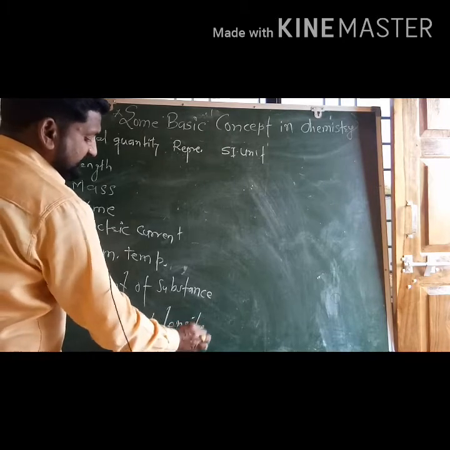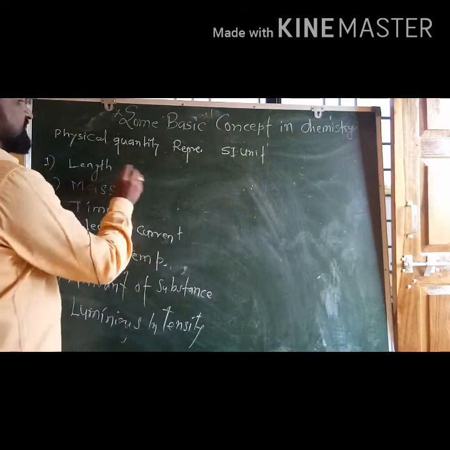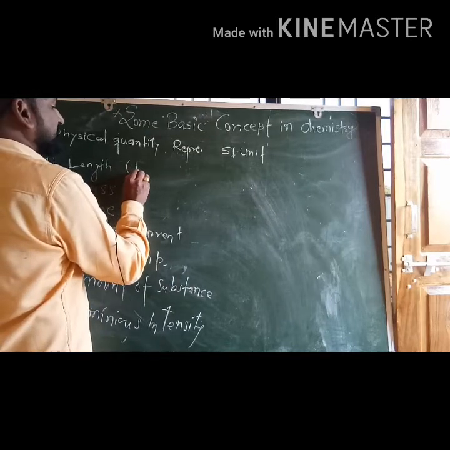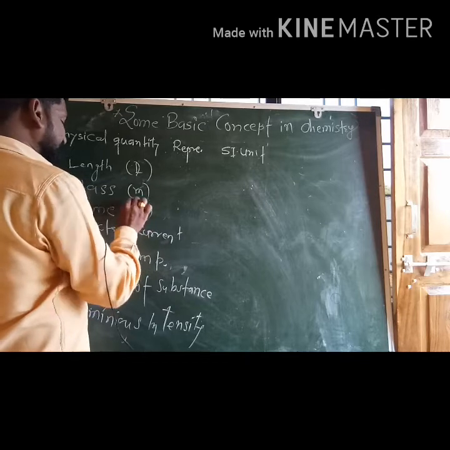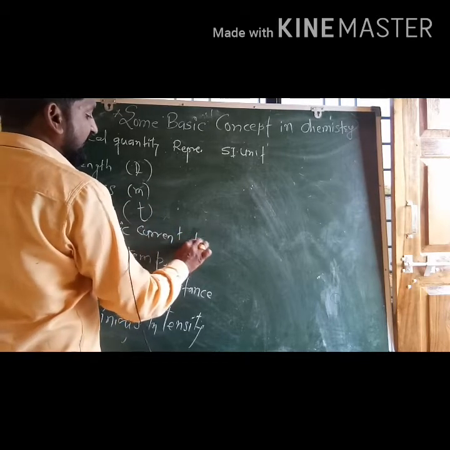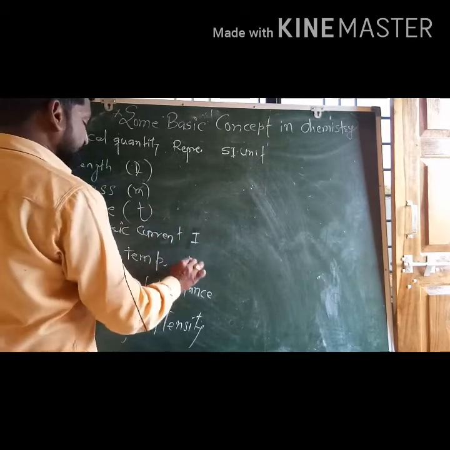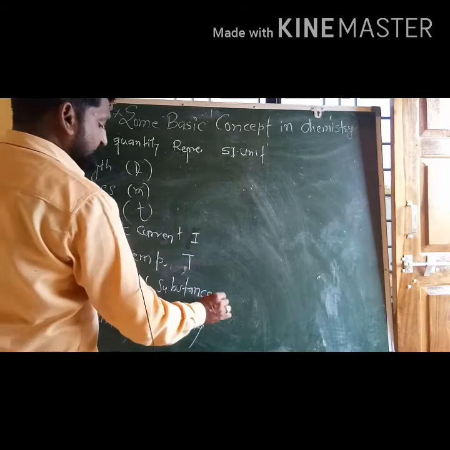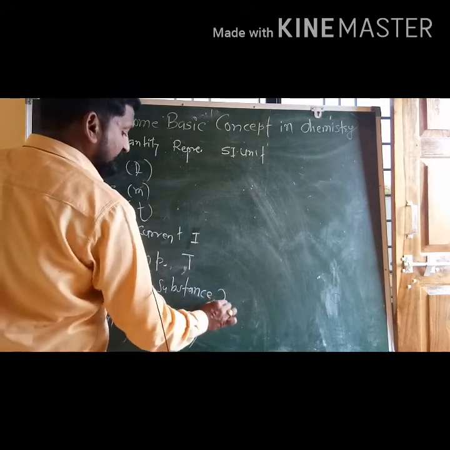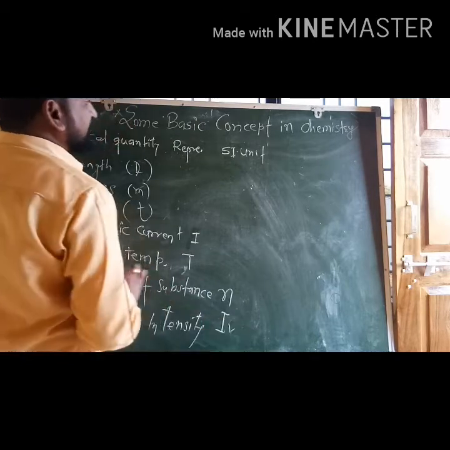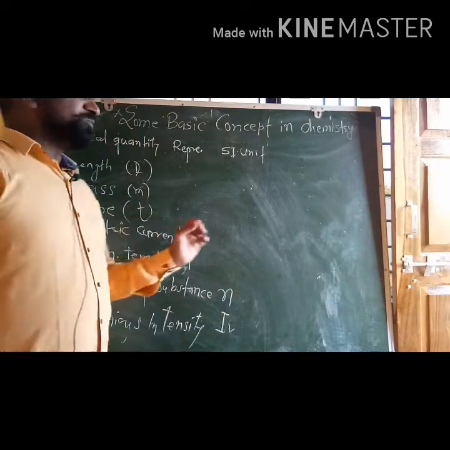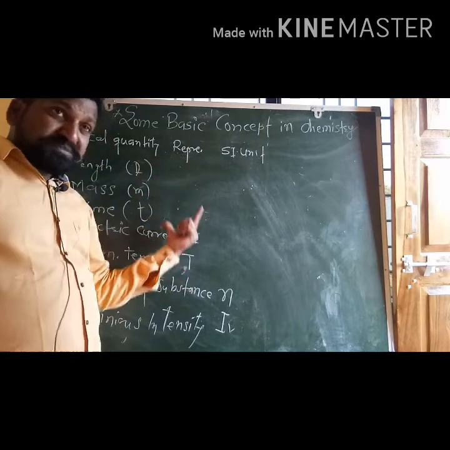Length is L, mass is small m, time is small t, electric current is I, thermodynamic temperature is capital T, amount of substance, that is number of moles, is N, and luminous intensity is I V.